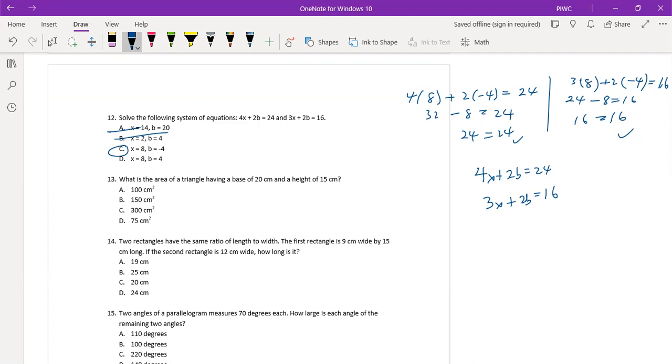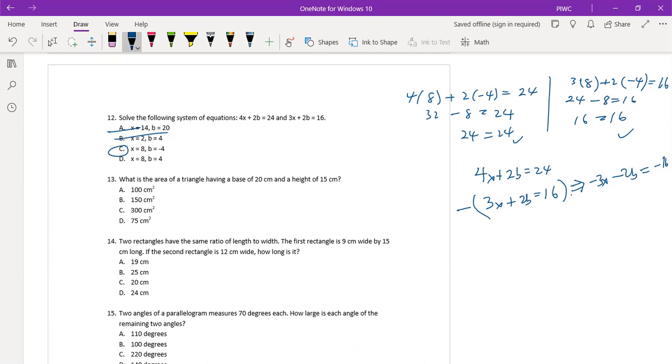So what can I do? I can multiply the whole of this by a negative number. If I multiply by the negative number, I'll end up with this now becoming negative 3x minus 2b is equal to negative 16.